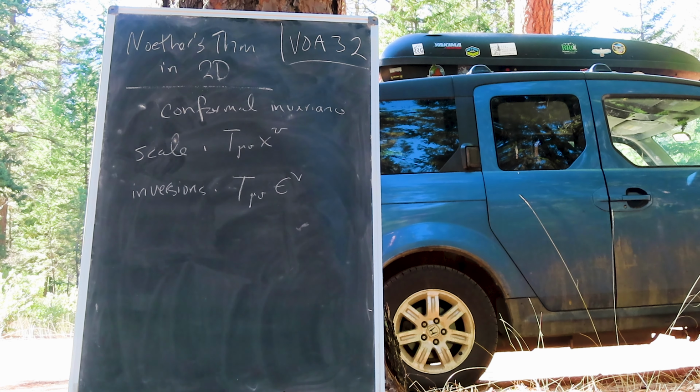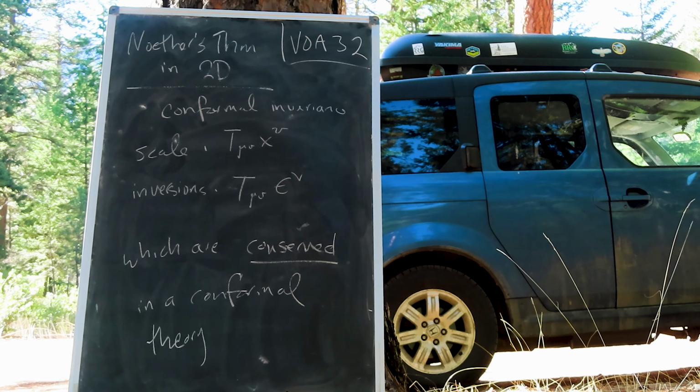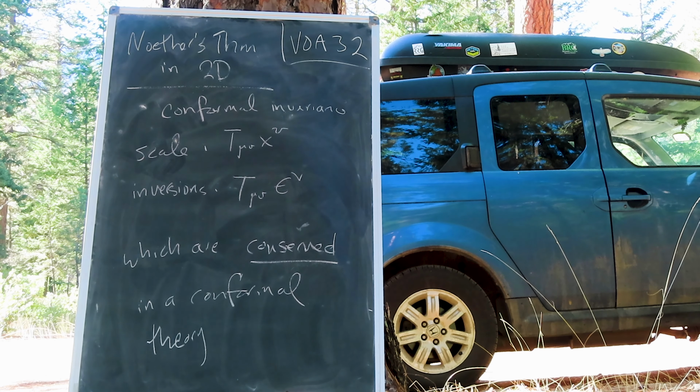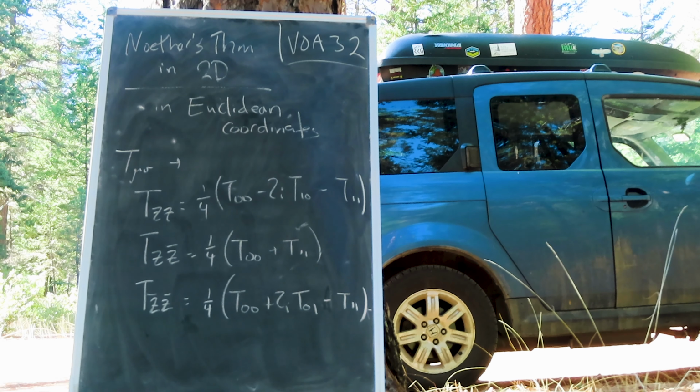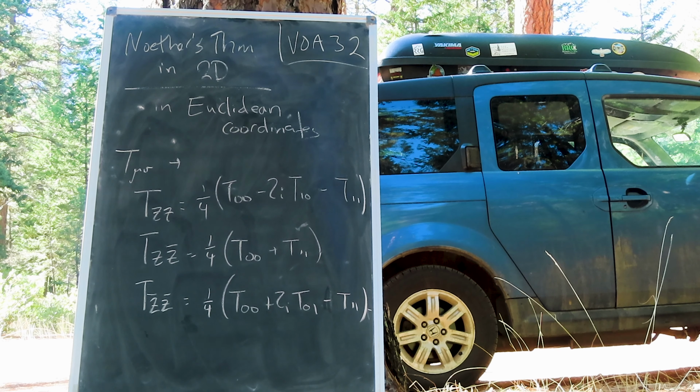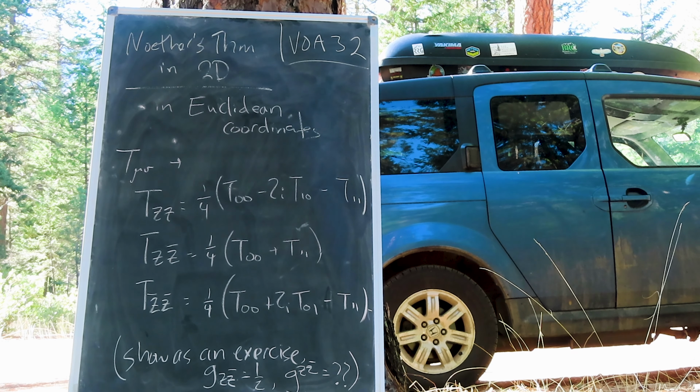These also include something that can be thought of as inversions, I guess, which have a similar Noether current. To make contact with our studies today, we aim to pass to a stress-energy tensor with Euclidean coordinates with holomorphic indices, which you are encouraged to verify as an exercise.